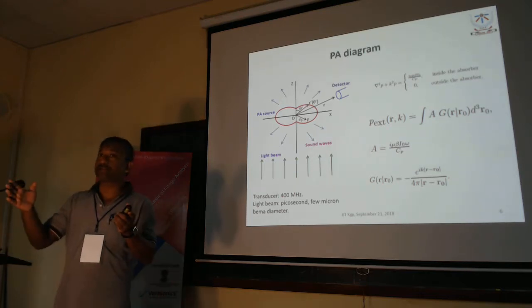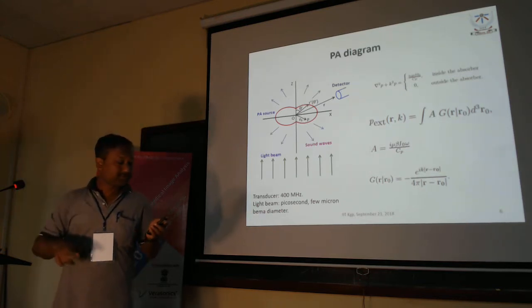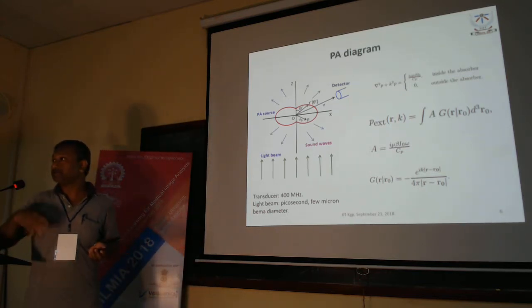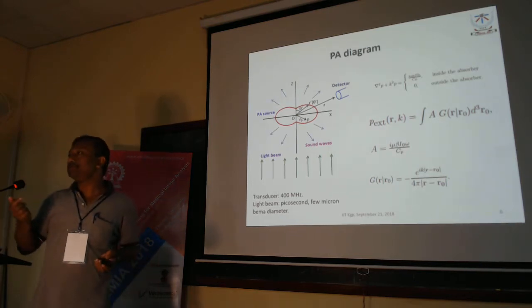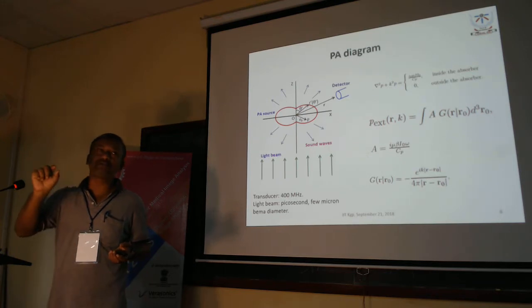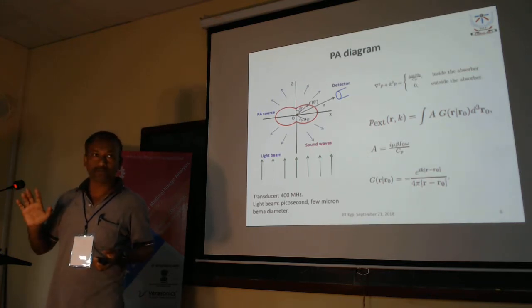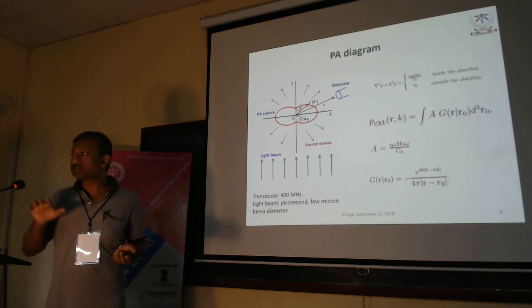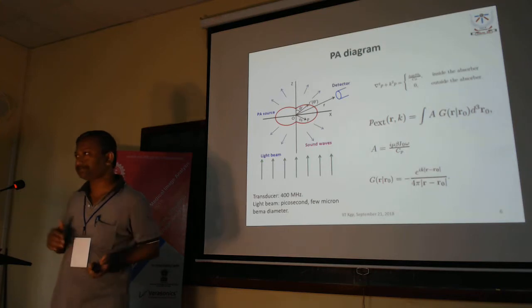Your ultrasound signal should contain features in the very high frequency range. That's why people are using 400 megahertz, which is huge, and so you don't expect much penetration. Your penetration will be a few micrometers. So it is known as photoacoustic microscopy with ultra high frequency ultrasound transducers.